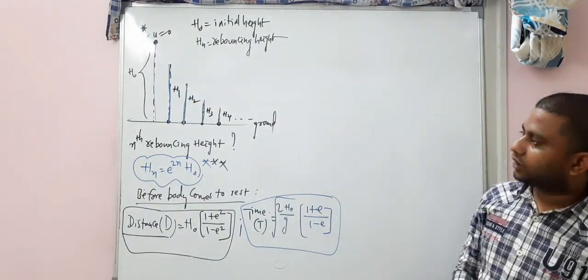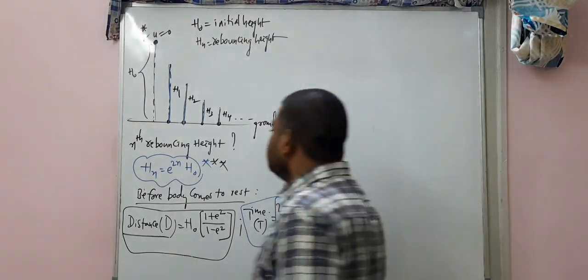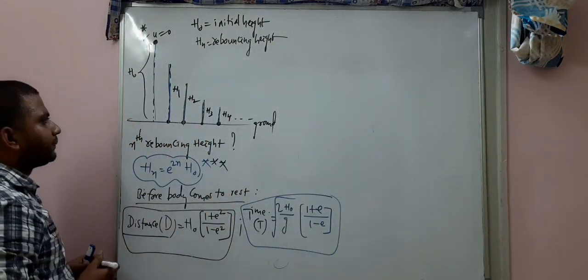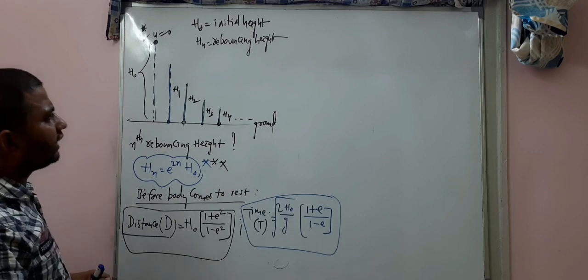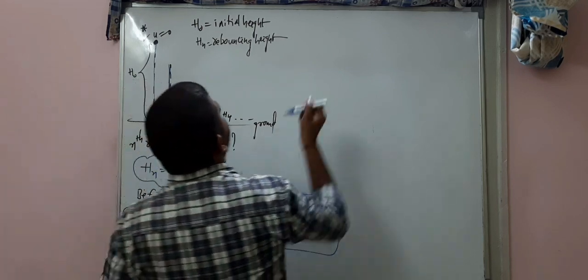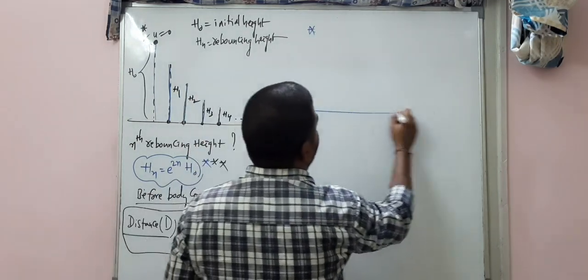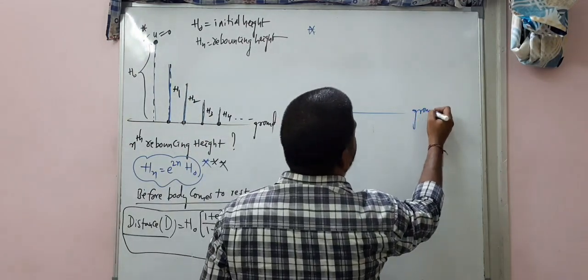Alright? And let's talk about the velocities also, my dear children. Let us talk about the velocities. Ready? Velocities. Another diagram we'll draw so that it will be easy for you. This is the ground.